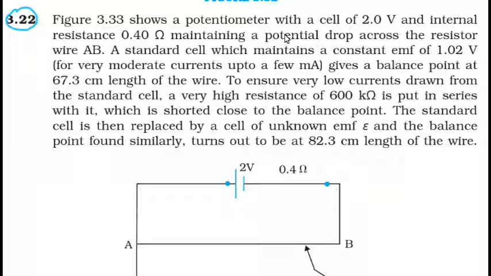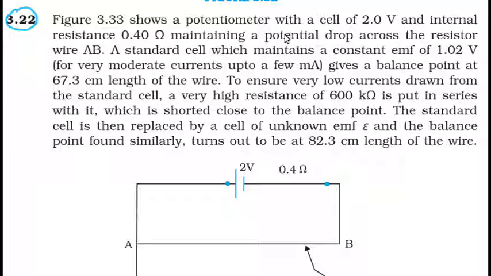A standard cell which maintains a constant EMF of 1.02 volt for very moderate currents up to few milliampere gives a balance point at 67.3 centimeter length of the wire.